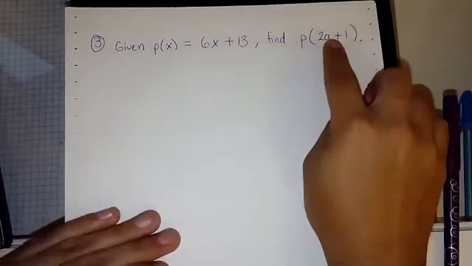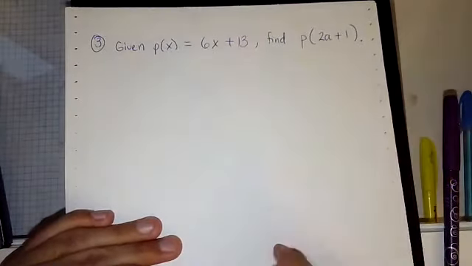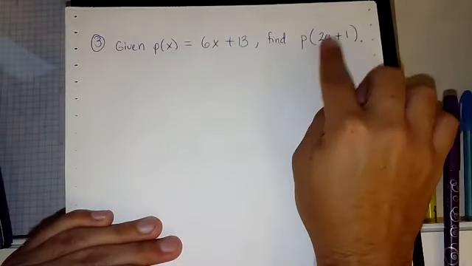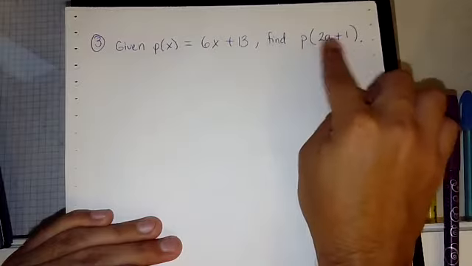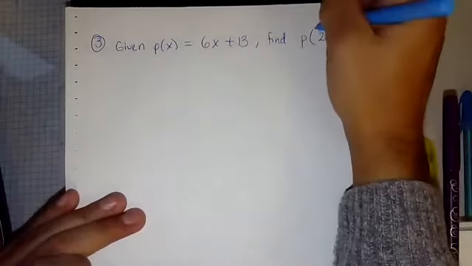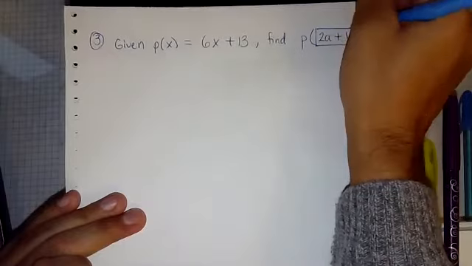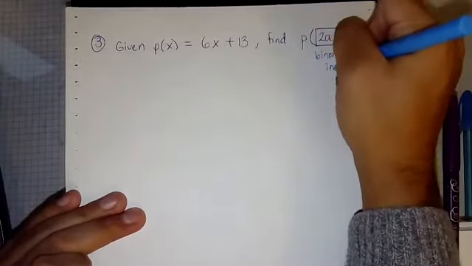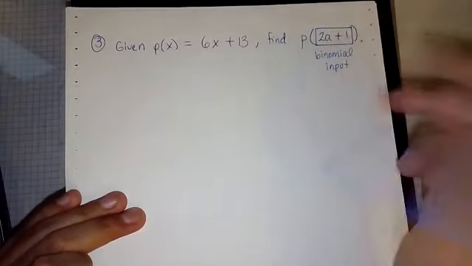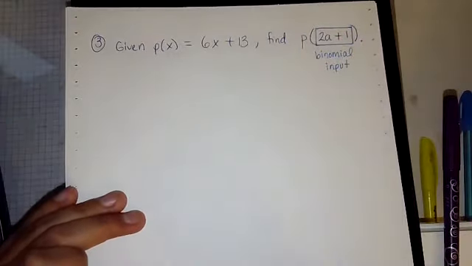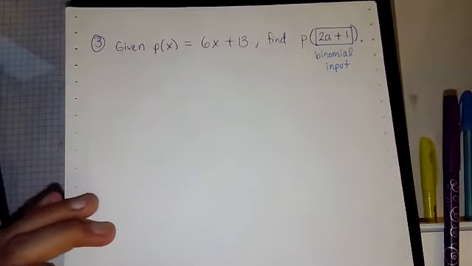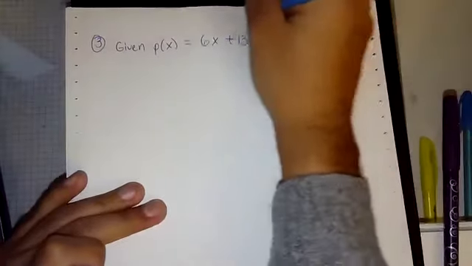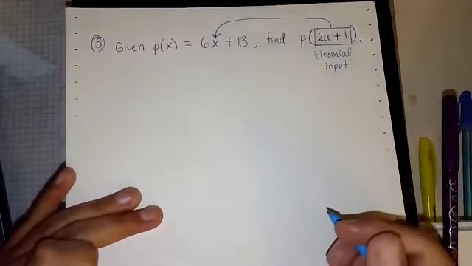Okay, so before we were just plugging in a number in for the x. But it looks like this polynomial expression, 2a plus 1, right, that's a binomial. This is a binomial input because there are two terms here. So we don't just plug in a single number in for the variable. What we're going to do is we're going to plug this expression in for the x.